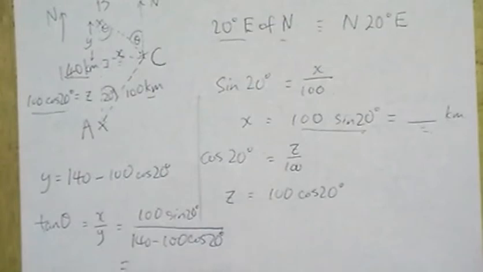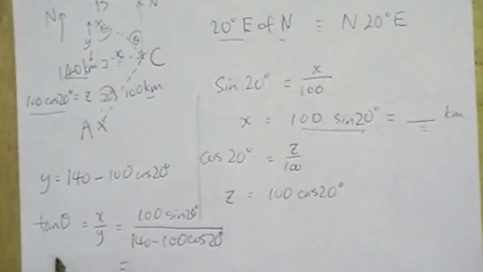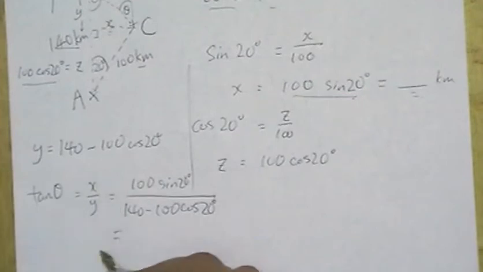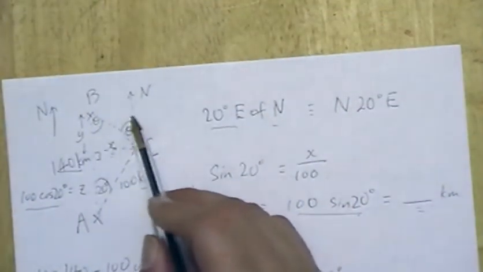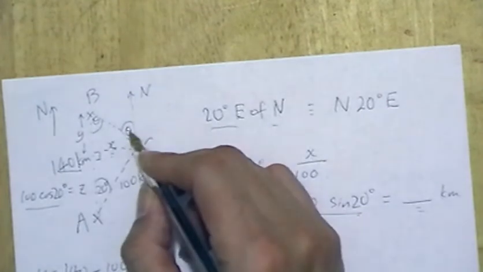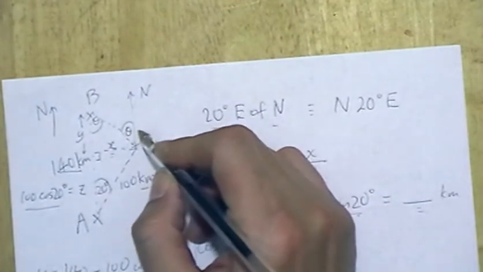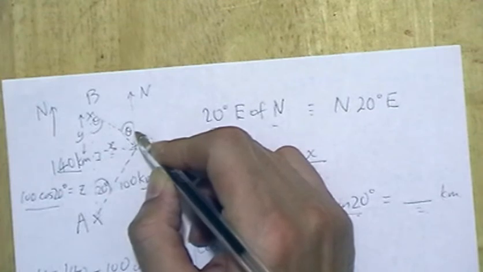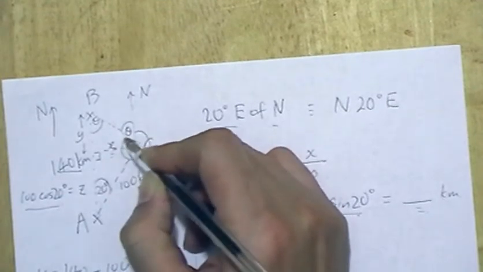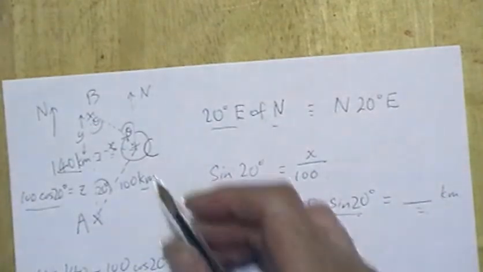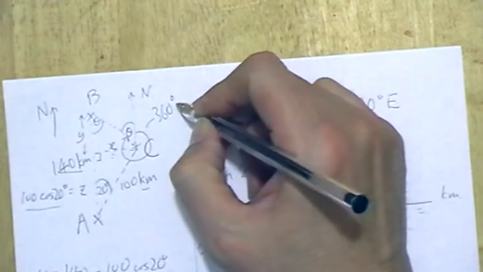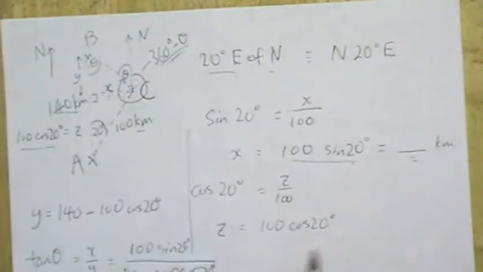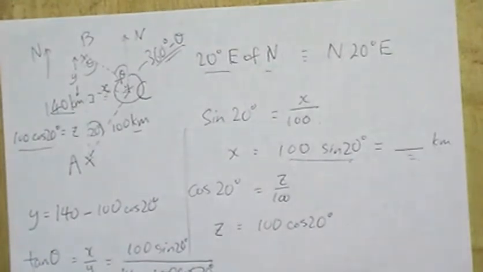And we can use a calculator to then find theta. And once we know theta, we can find this angle. And once we have this angle, we can find the bearing by finding this big angle here. Because this big angle is just 360 degrees minus theta. So that would be our final answer.